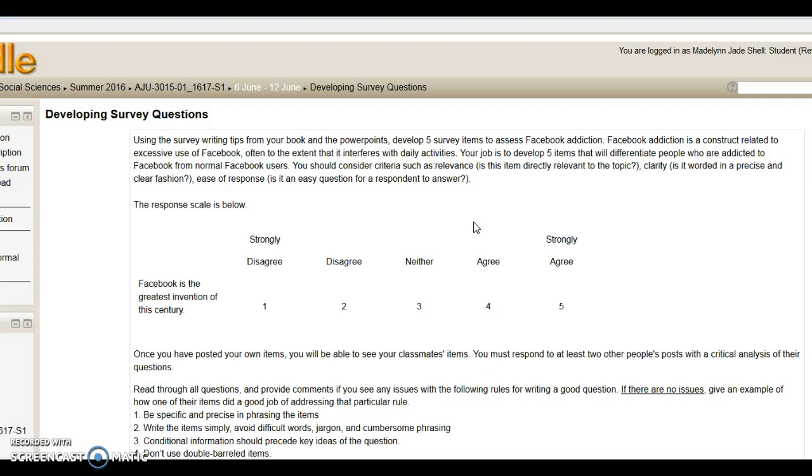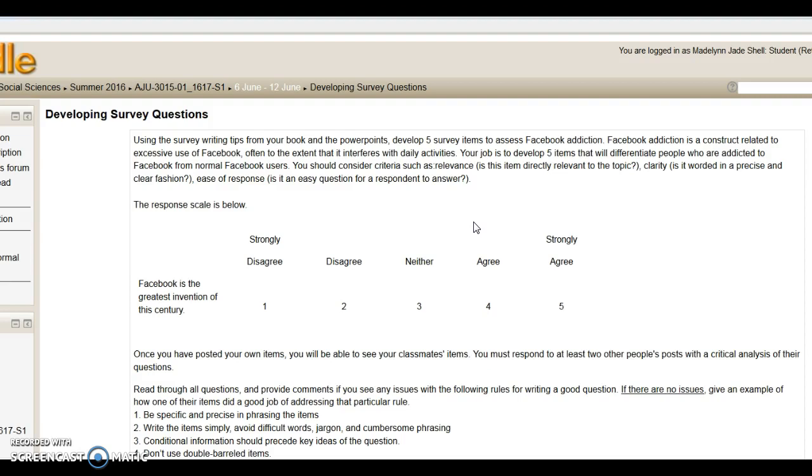So something like, "I use Facebook at least 5 times a day" would be appropriate because you could answer it from strongly disagree to strongly agree. But "How many times a day do you use Facebook?" would not work. Once you've posted your own items, you need to read through and provide constructive criticism in the comments section for at least 2 of your classmates.